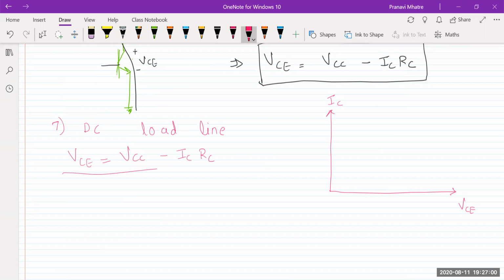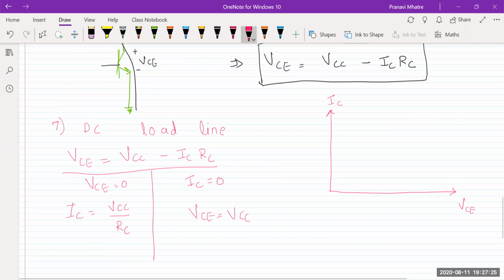In this expression, you will put once VCE is equal to 0 and you will put IC is equal to 0. So when VCE is equal to 0, my IC is equal to VCC by RC, one point on my load line, and when IC is equal to 0, my VCE is equal to VCC.